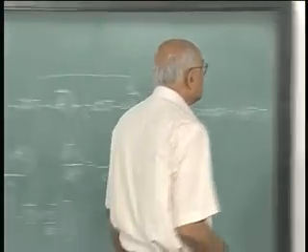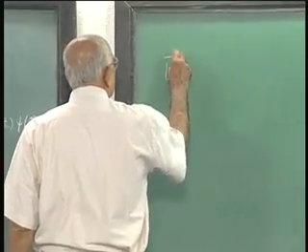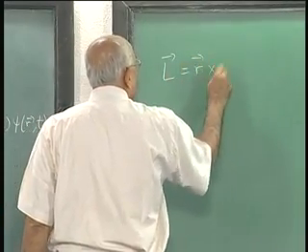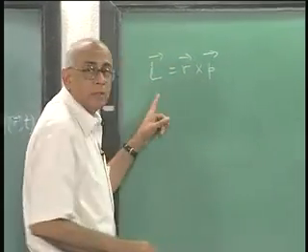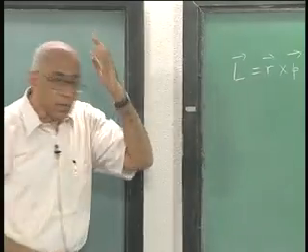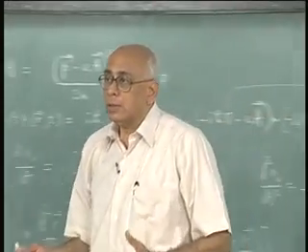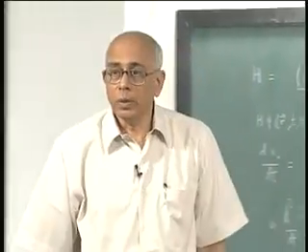In exactly the same way as when you define the angular momentum, when I write the angular momentum in quantum mechanics, I write L equal to r cross p. I am going to talk about properties of the angular momentum. Now you could ask, r and p do not commute with each other, so how come I wrote it as r cross p? Why shouldn't I write it as minus p cross r, and r and p are different from each other?